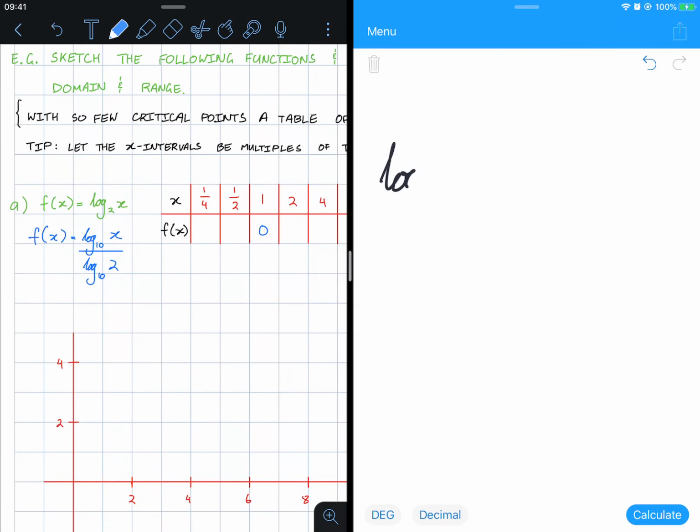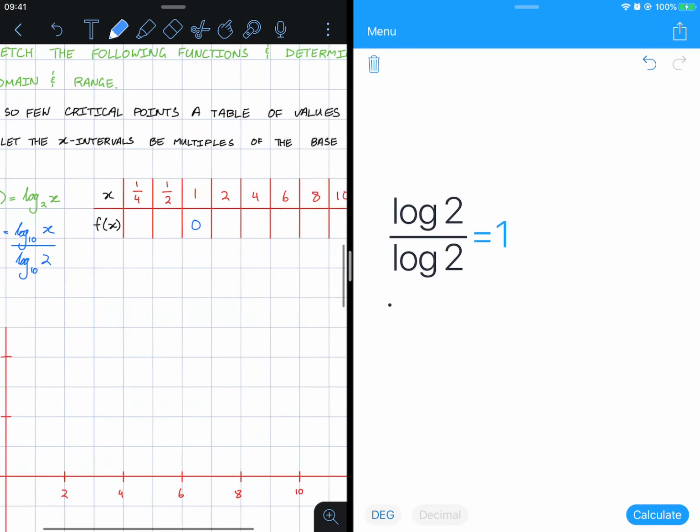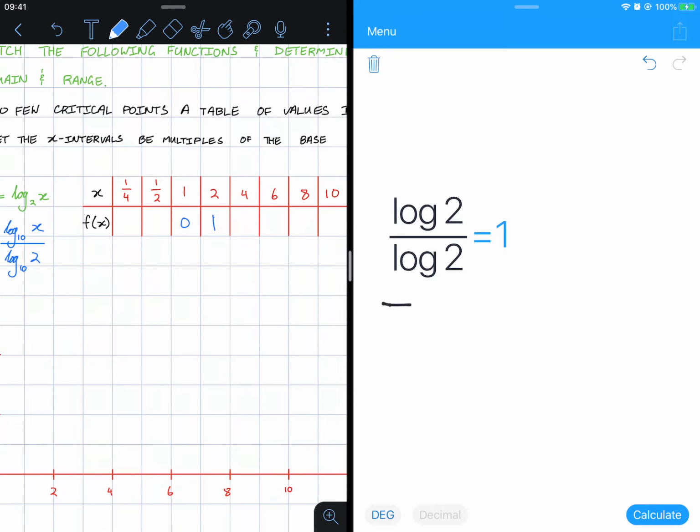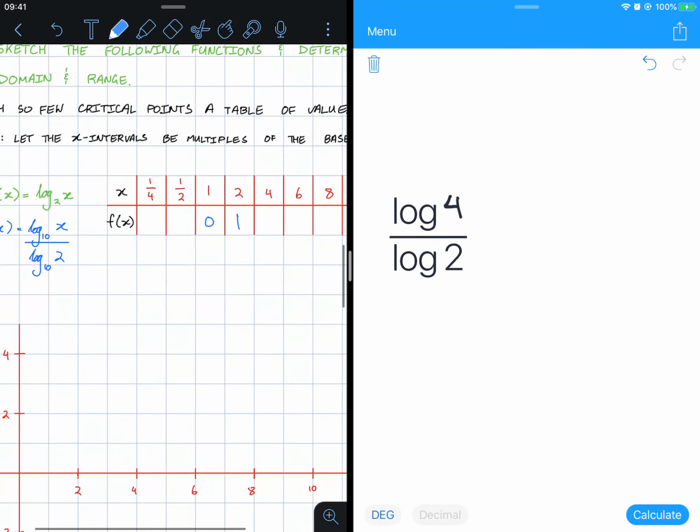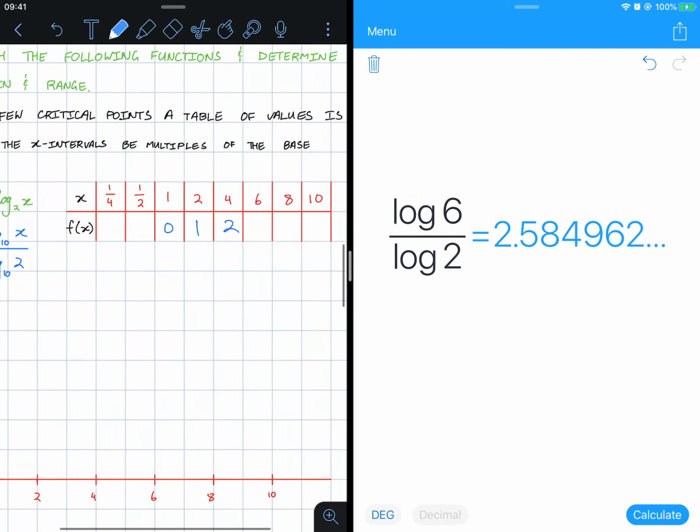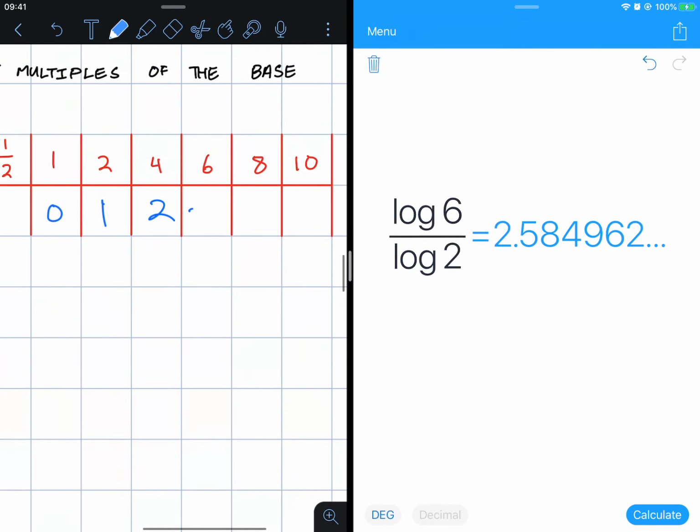So we have log of 2 over log of 2. That's equal to 1. Let's remove the 2. Let's put 4. So now we're changing only that value there. This is equal to 2. Make it 6. 2.58. Let's make it 8.